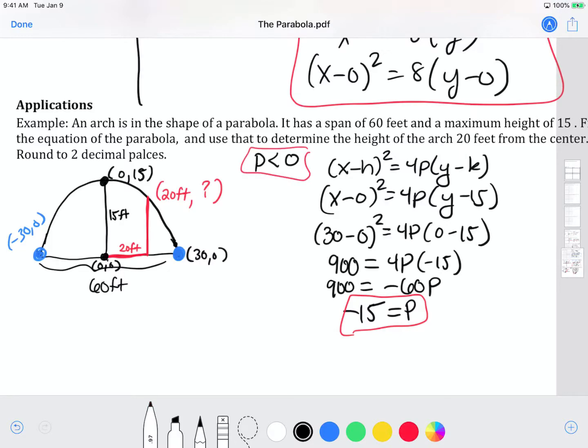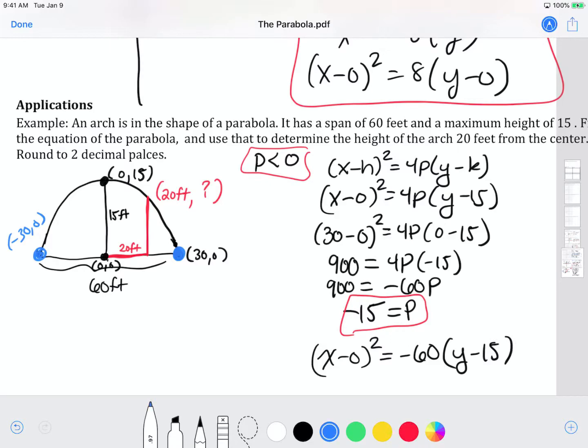So our final equation in standard form would be x minus 0 squared is equal to 4 times p, which is negative 15 times 4, which would be negative 60. And then we would have y minus 15.